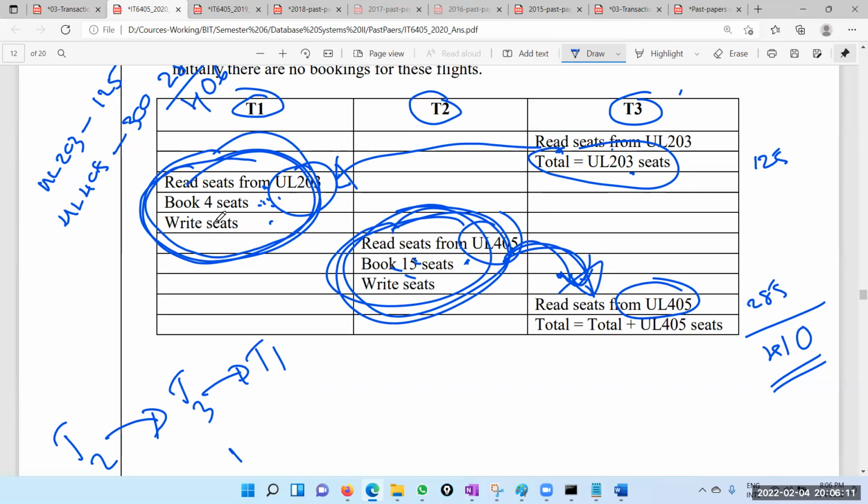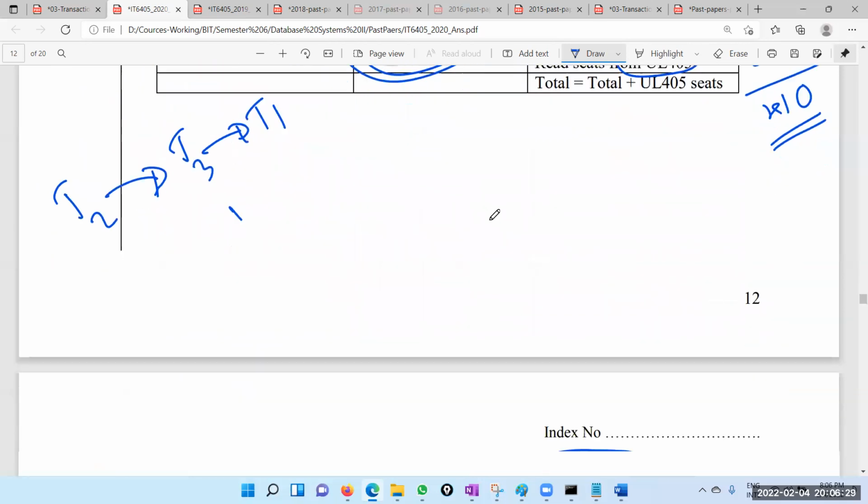Anyway, cycles are not there, but definitely there's an issue, because this report is wrong. So it's a little bit tricky question.